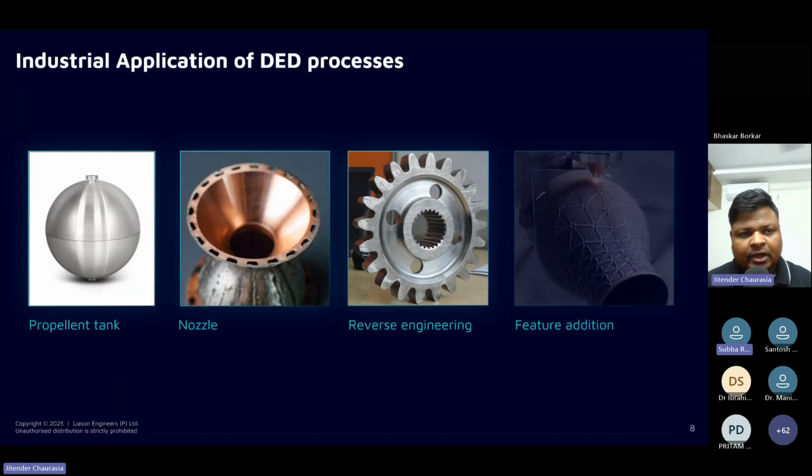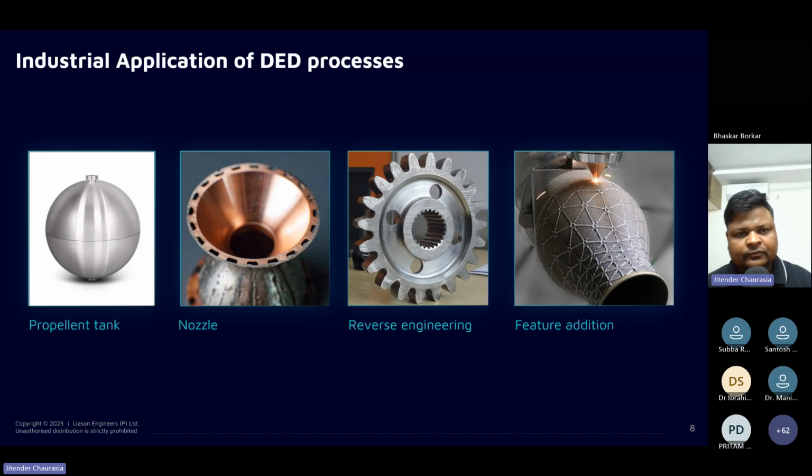So I'll move forward. These are some of the examples. The first I already played. This is called a bank, usually made of 6 mm.